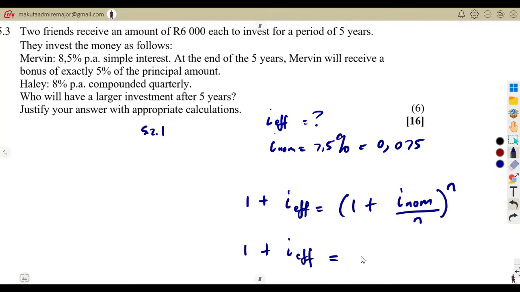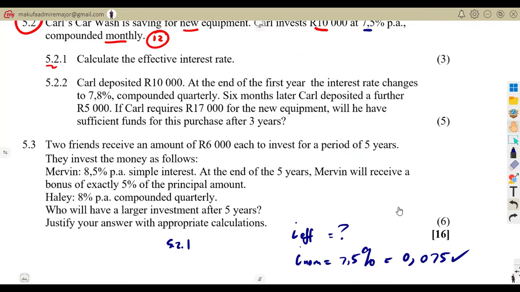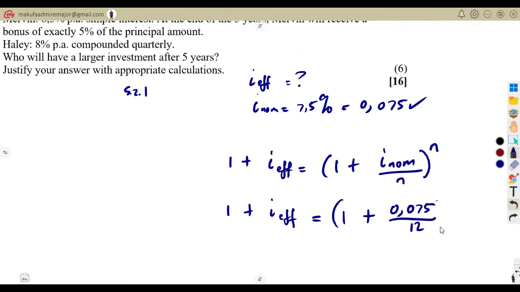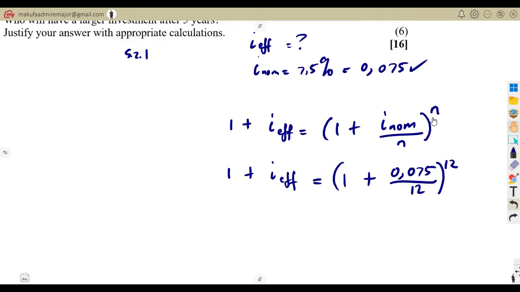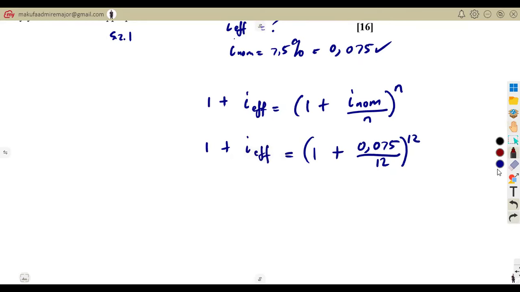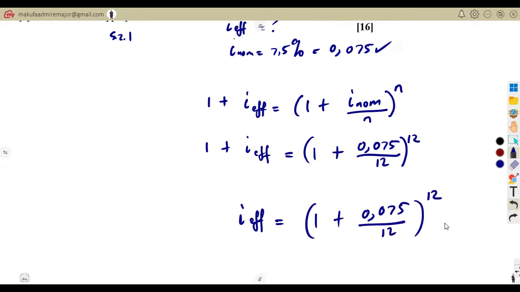So 1 plus i effective is equal to 1 plus the nominal as a decimal, 0.075 over N, which is the compounding. So we said 12, remember, it's being compounded monthly. So that's 12 to the exponent of what? Of 12 also. As you can see, the N here is the same one. To the other side, it becomes a negative there. So effective is going to be 1 plus 0.075 over 12, to the 12, minus 1.